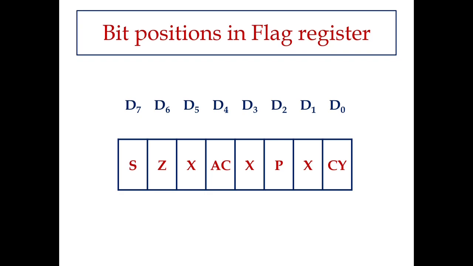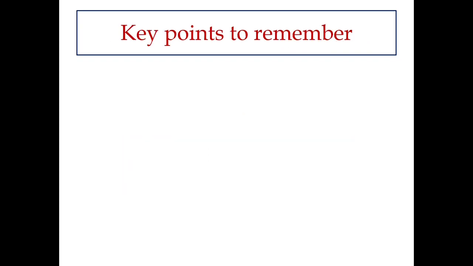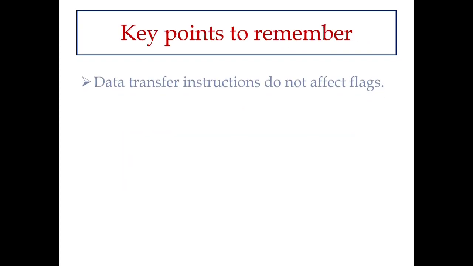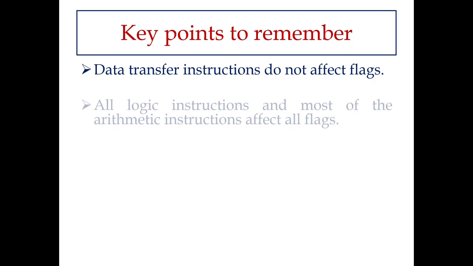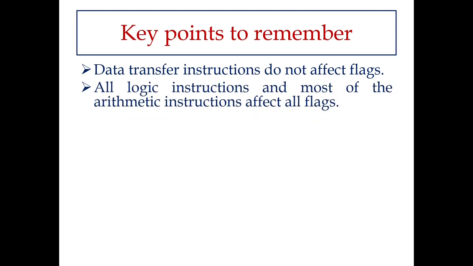D4 is AC. D3 can be either 0 or 1. D2 is parity. D0 is the carry flag. This is not important from the point of view of examination, but it is important to know while you write a program.